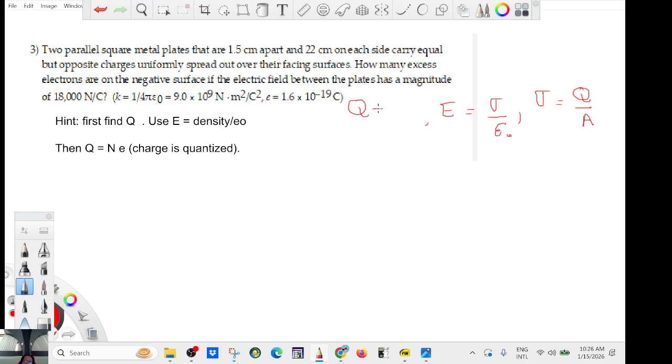So any charge is quantized. So it's going to be the number of missing electrons or the number of gained electrons times e. Okay, and you know the charge of an electron. And what else do we know? Epsilon 0 is 8.85 times 10 to the negative 12, and units here.